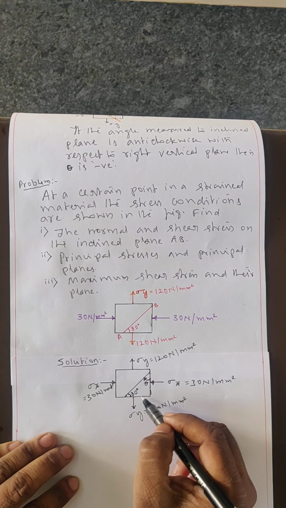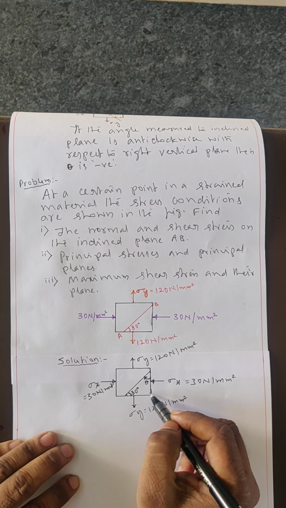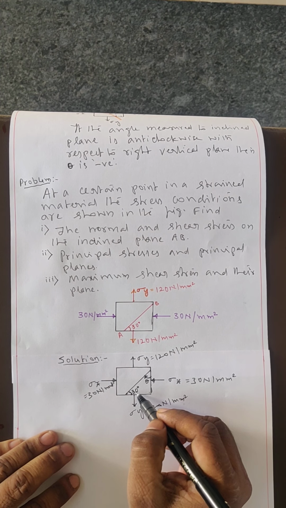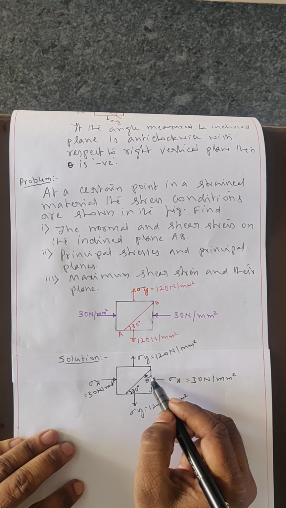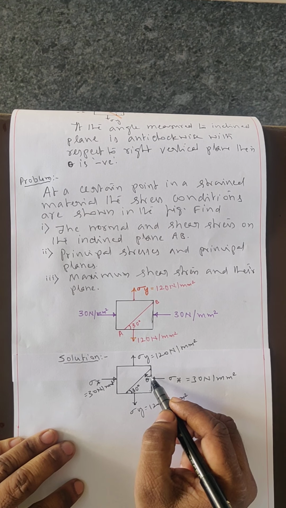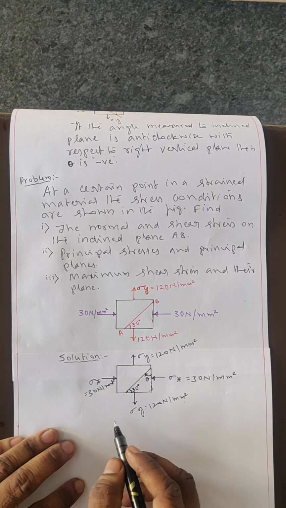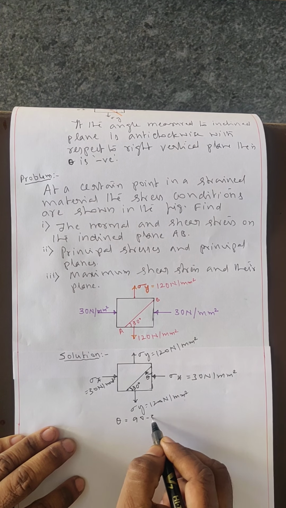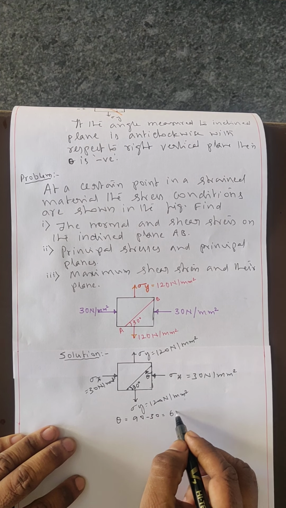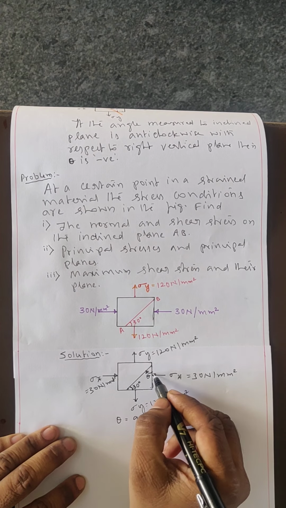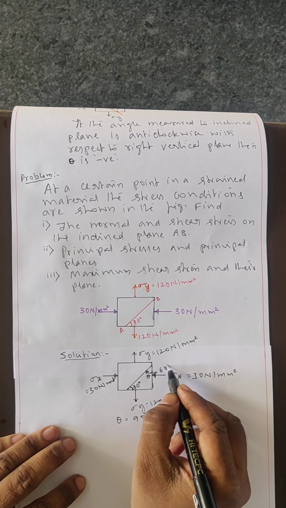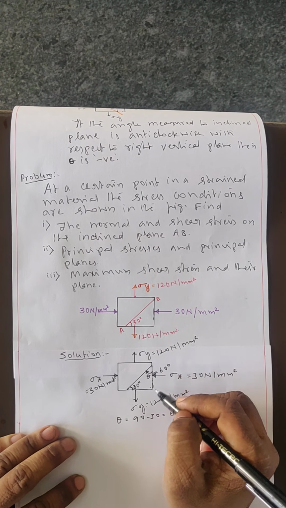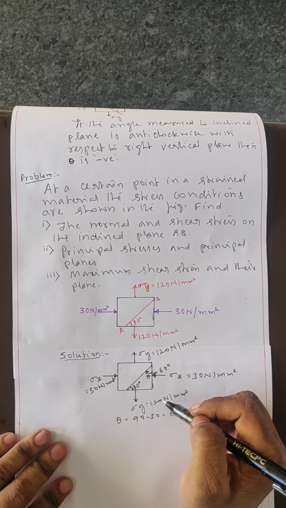In this triangle, total angle is 180. 180 minus 90 minus 30 is this angle theta, or 90 minus 30 is this angle theta. Therefore, theta equals 90 minus 30 equals 60 degrees. It should always be with respect to the right vertical.